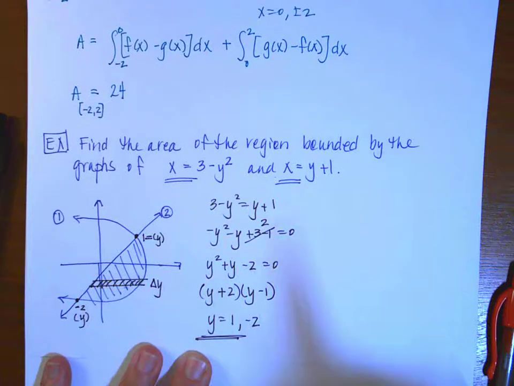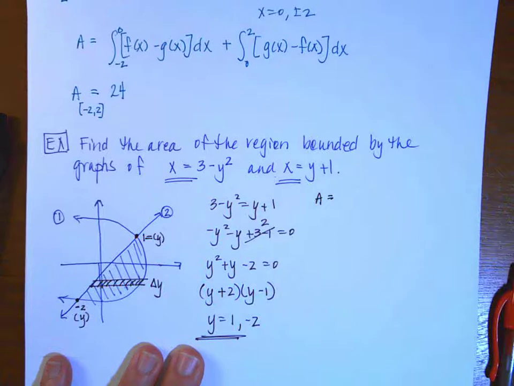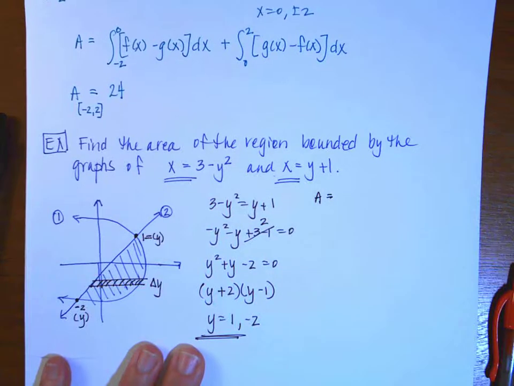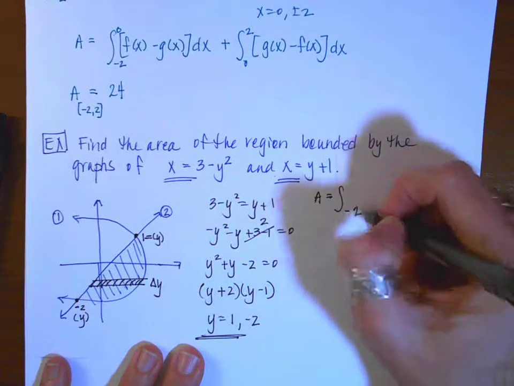Now, when I set up my integral, because my rectangle is going sideways, or horizontal, I'm going to integrate using my y values, and I'm going to go right minus the left.